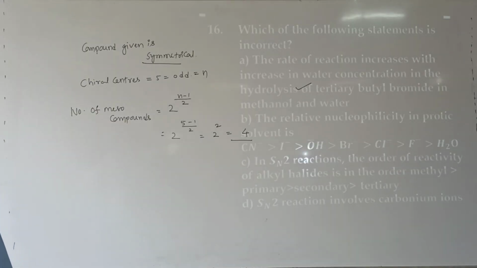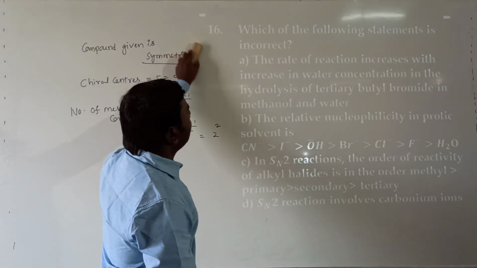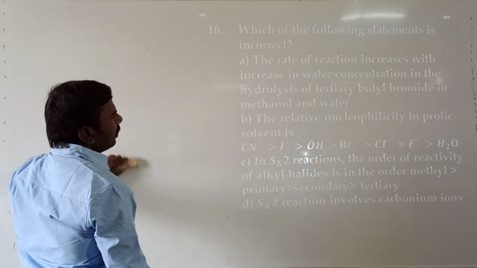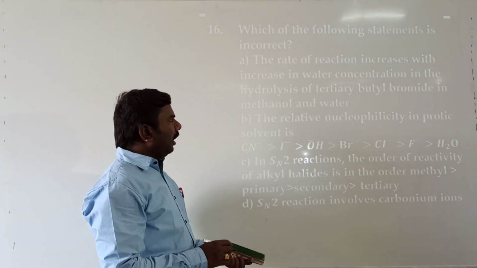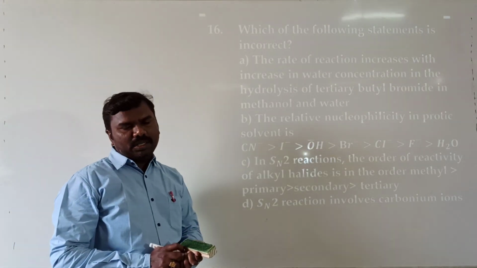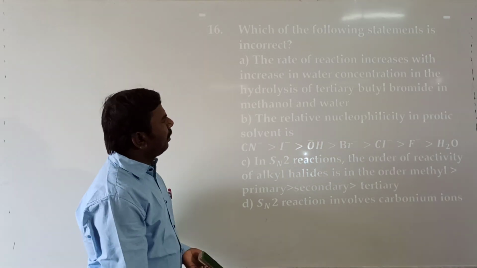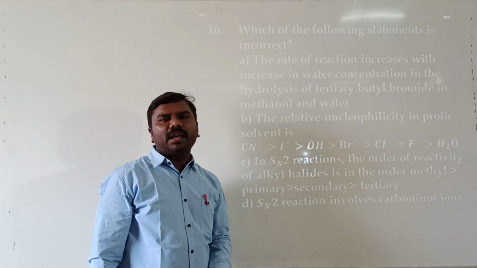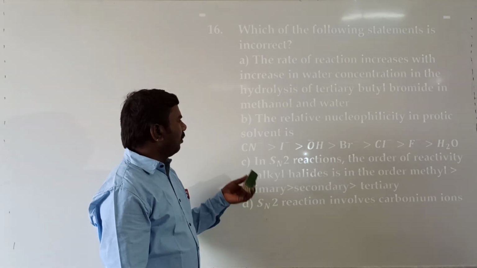Next. Which of the following statements is incorrect? The rate of reaction increases with the increase in water concentration in the hydrolysis of tertiary butyl bromide in methanol and water. Yes, it also plays a role. Next, the relative nucleophilicity of protic solvent.